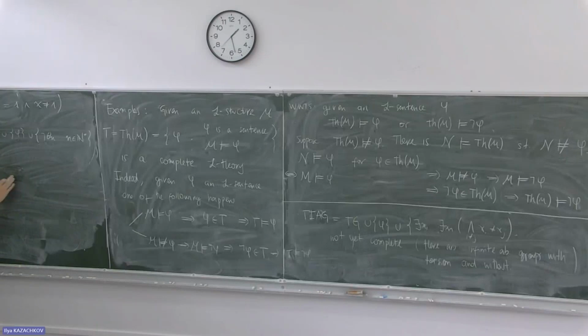What do you want to say? Exactly. You want to say something like this. But this is just that every element is going to be generated by products of n. But this is much stronger than being finitely generated, right? Yeah, that was a good trial.